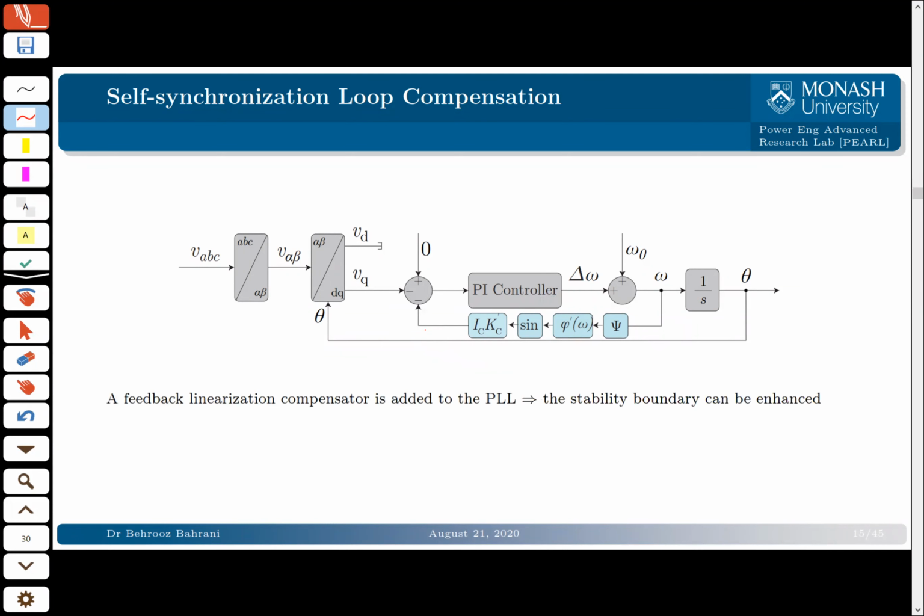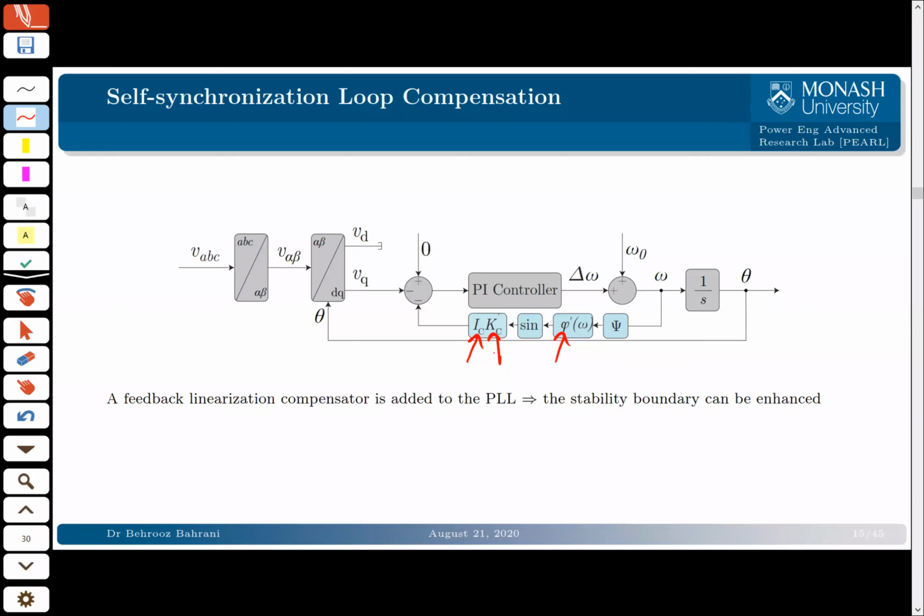Essentially, we estimate the impedance of the grid, and we know the current of the converter, and this Kc is in the magnitude of the actual grid impedance. So we can compensate for that. But there is one problem: you need to be able to estimate your grid impedance.